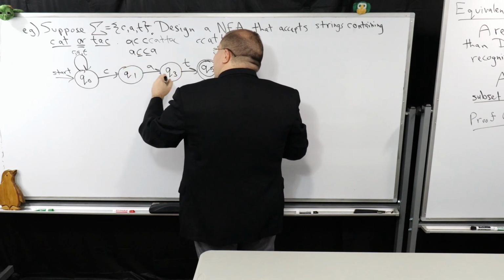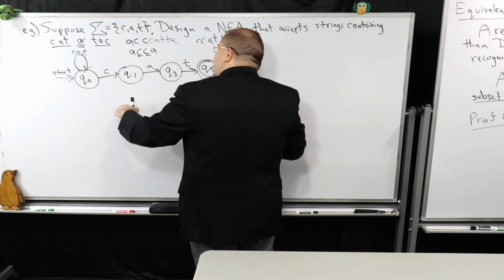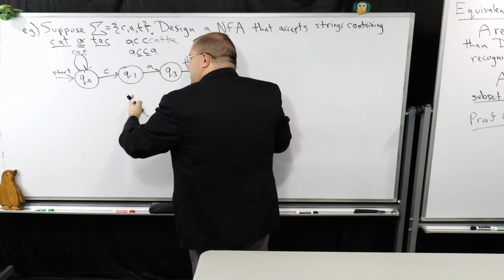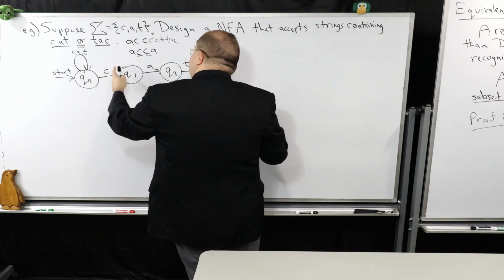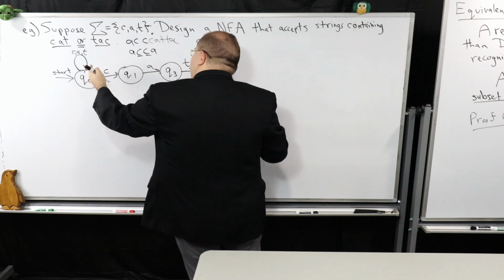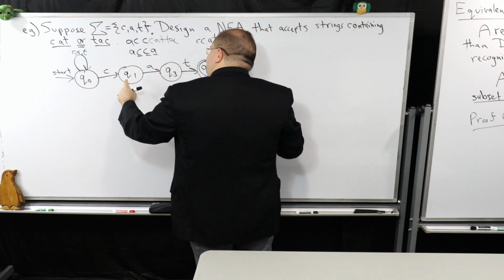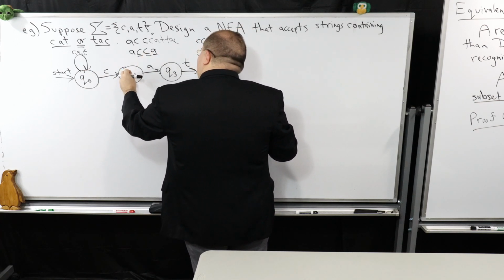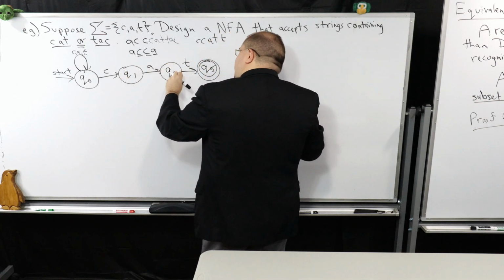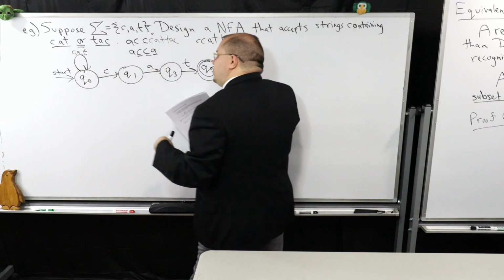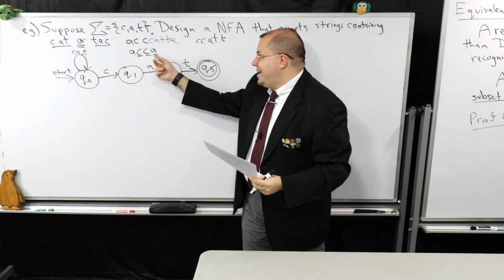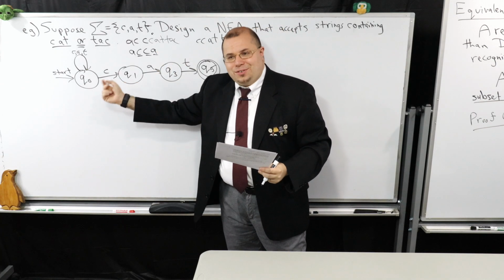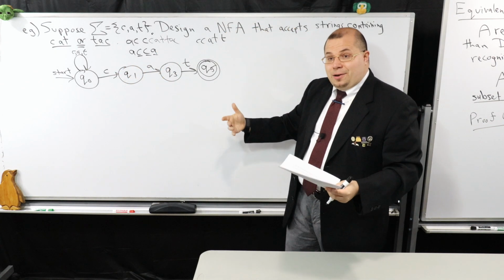It sees a C again, and it won't transition anywhere from Q1, so that thread is basically gone. I'm still in Q0, and I read a C, so I go back over here, and I also have Q1 as well. I read an A, and the one in Q1 would go to Q3. There'll still be one in Q0 in case there's nothing here, right? And if there's nothing here, it'll stay in Q0. There'll be a state there.